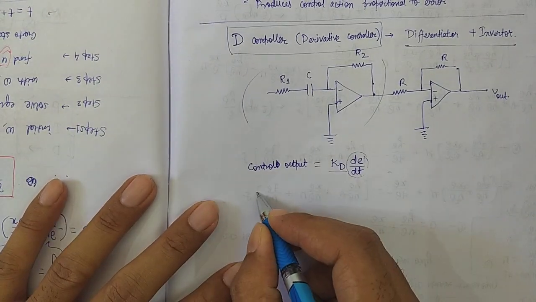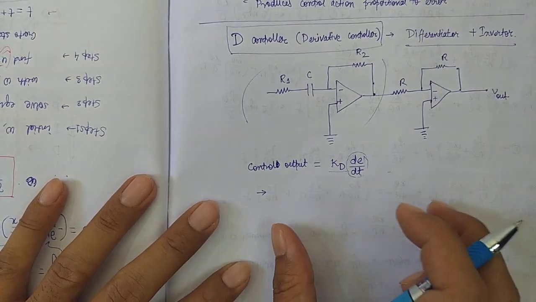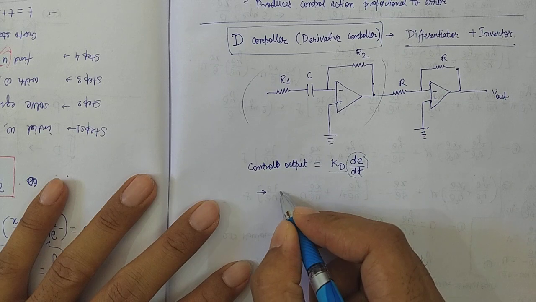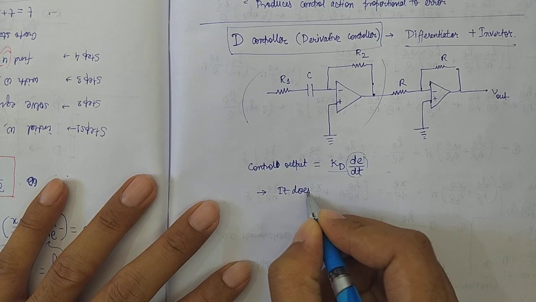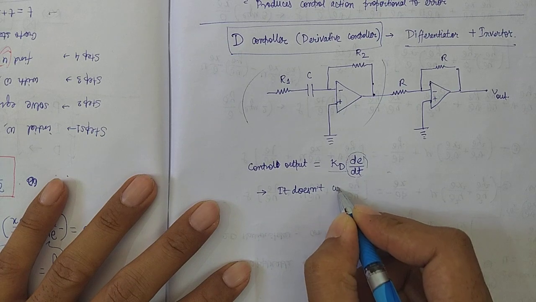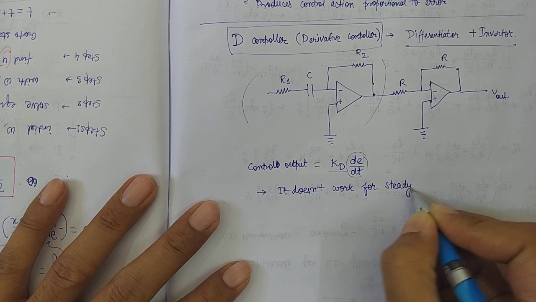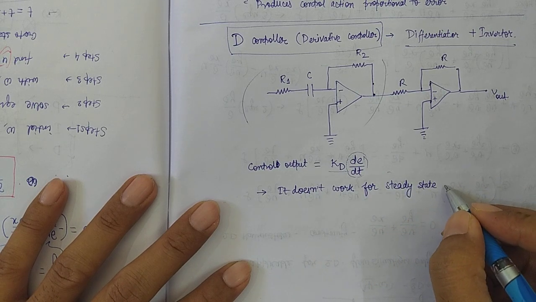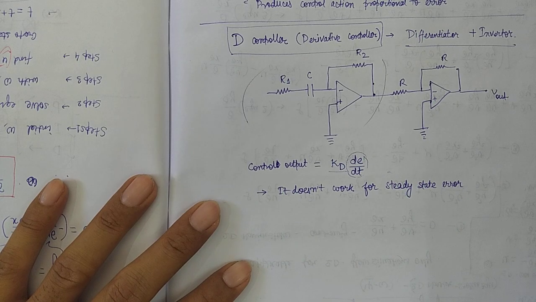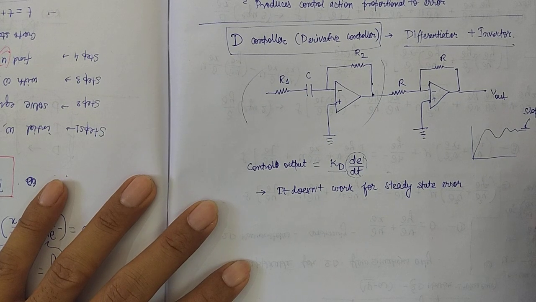So one thing to note in this particular control framework is it doesn't work for steady state error. Why? At steady state, essentially the slope of error is essentially 0.